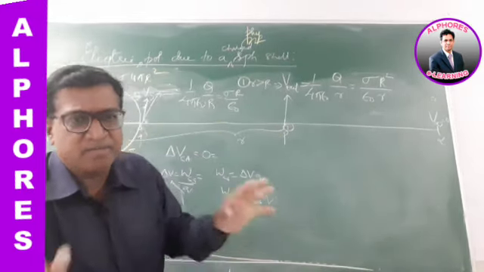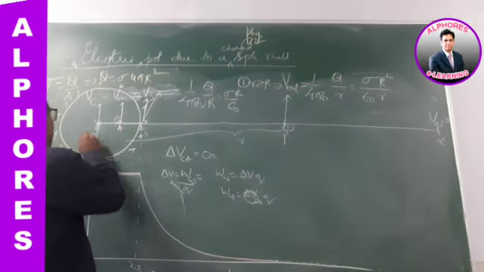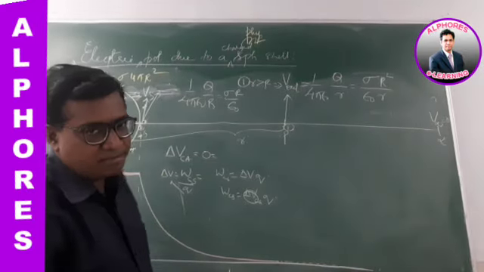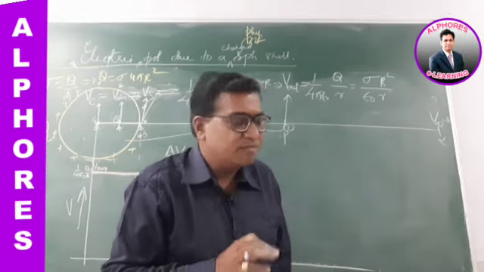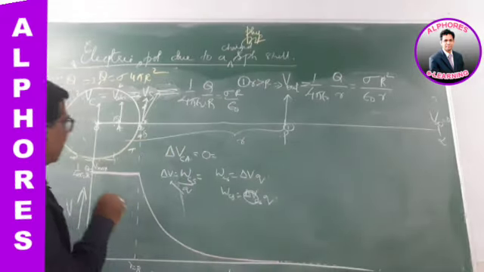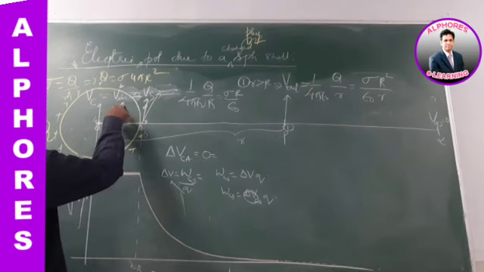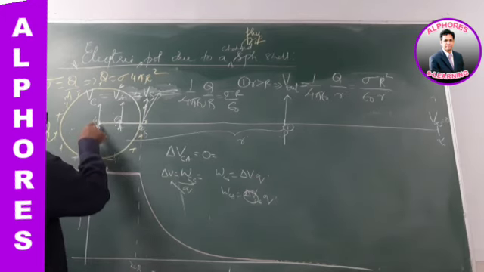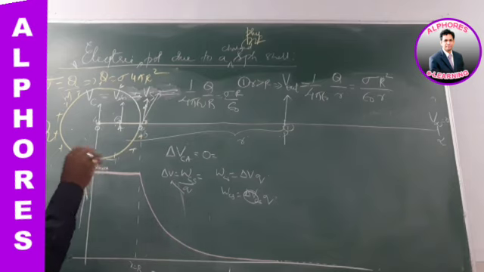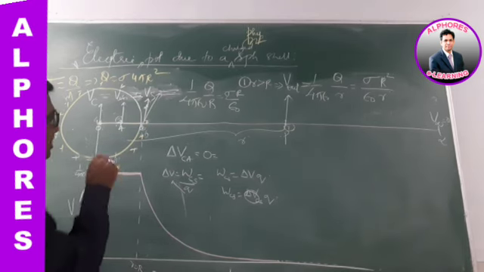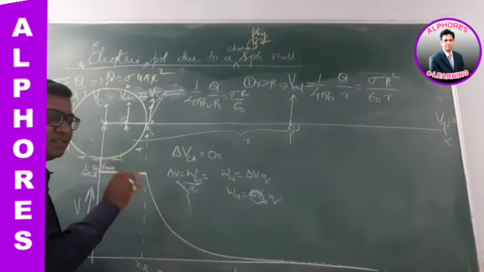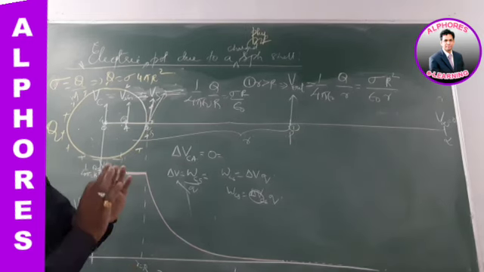Zero, because at any two points inside, the potential is the same. Potential difference is zero, so there is no work done. Work done to move from center to any point inside, between any two points inside, from center to surface, or from any inside point to surface is all zero. The potential difference is zero.